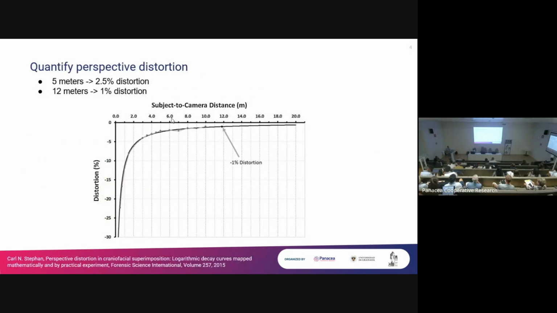This effect is not linear; it doesn't correlate linearly with the distance. It is especially relevant in the close range: you can see it's already below 2.5% after 5 meters, and it almost disappears after 12. So the closest distances are the most relevant.